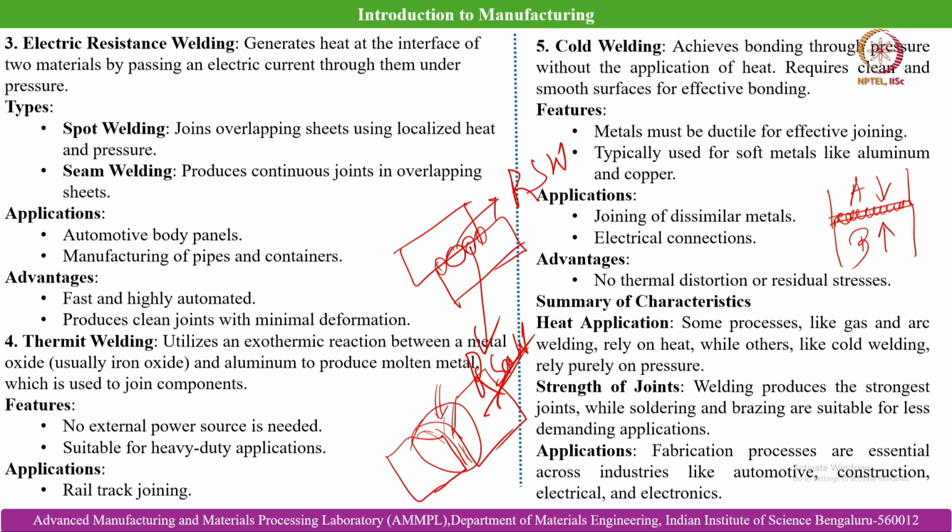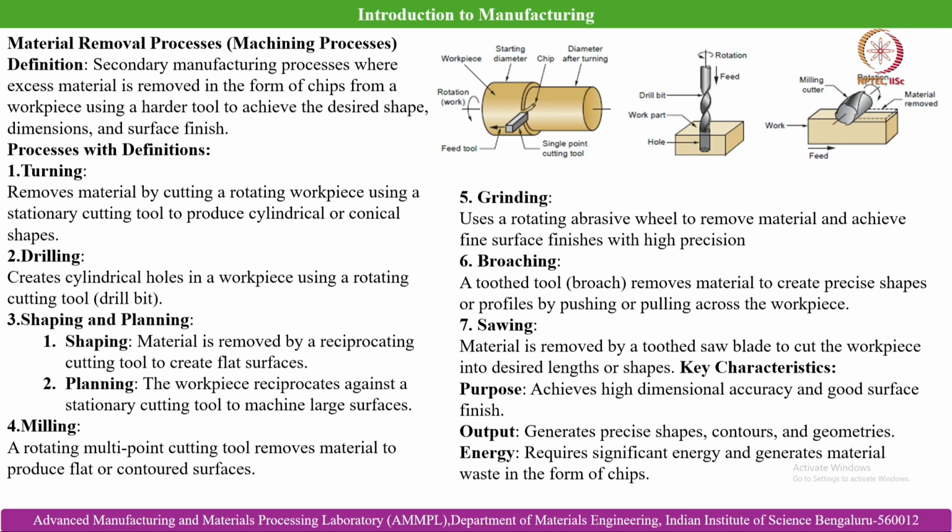However, when there is a chance or tendency to disassemble the parts and the joint is temporary in nature, then it is advisable to use mechanical fasteners like rivets to achieve the temporary joint for the assembly. So, with this we will move to the material removal processes.